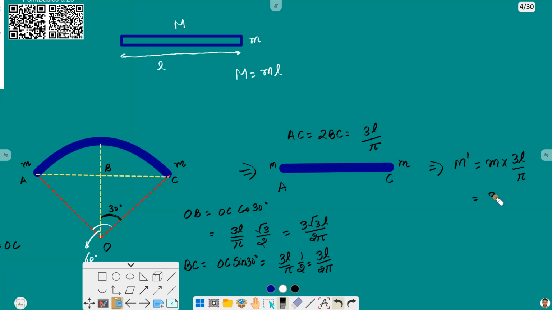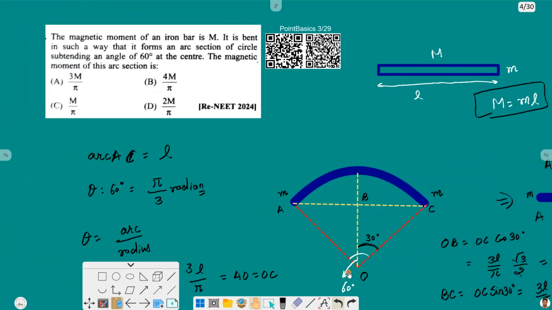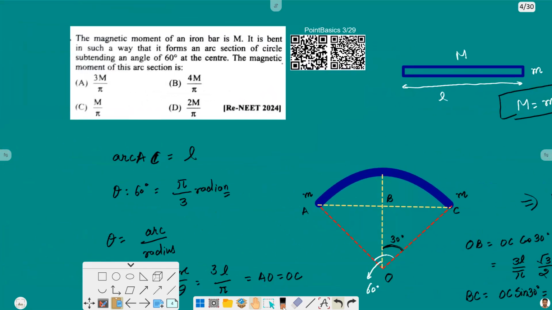So it will be 3mL by pi, and mL is equal to capital M. So M dash will be 3M by pi, and equating it, we get option A as the right answer.